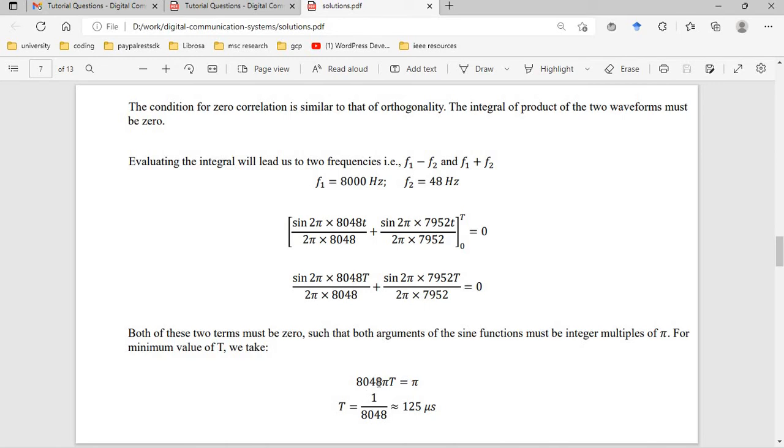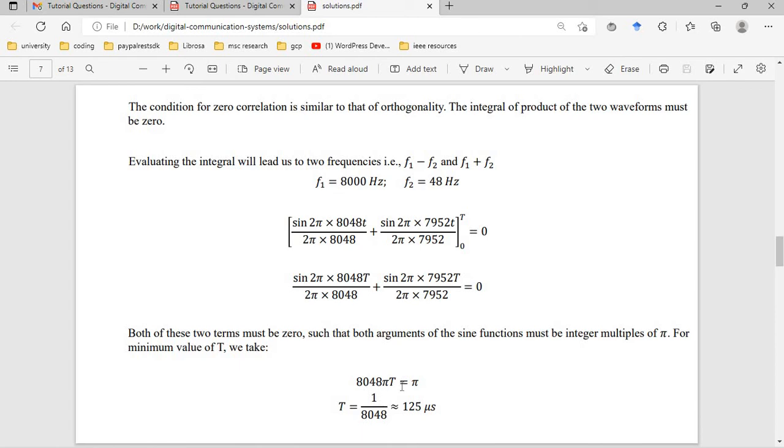If we say, for the simplest case, that n is 1, then 8048 pi capital T should be equal to pi. And notice we are ignoring the 2 pi because 2 is still an integer value, so we don't have to include it in our calculation.